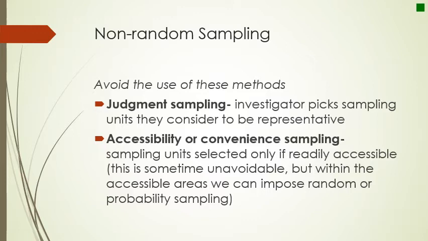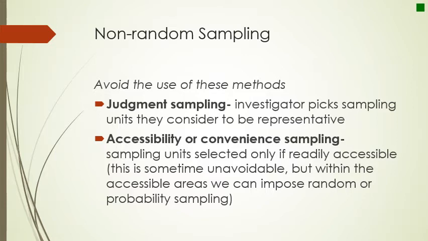The first is what's called judgment sampling, where the investigator picks sampling units they consider to be representative. We sometimes see this with vegetation sampling. Plant ecologist says, this stand here is the most representative ponderosa pine stand in this national forest, so that's the one that we should use as our standard.